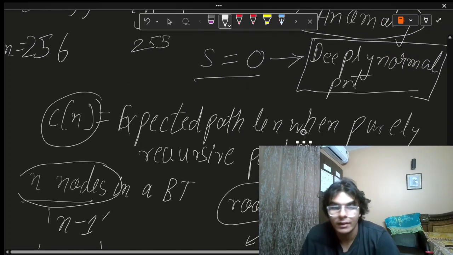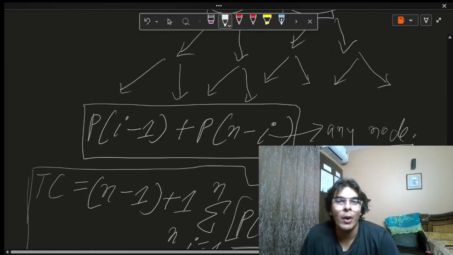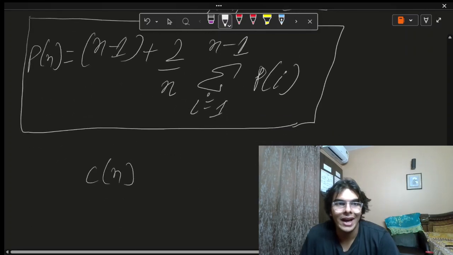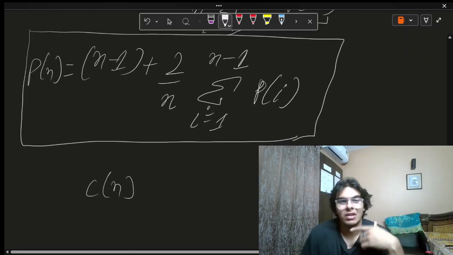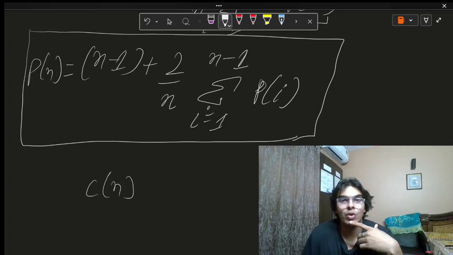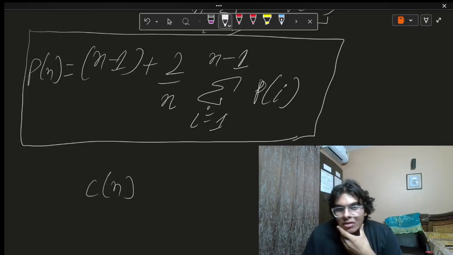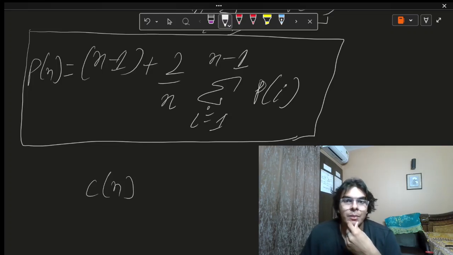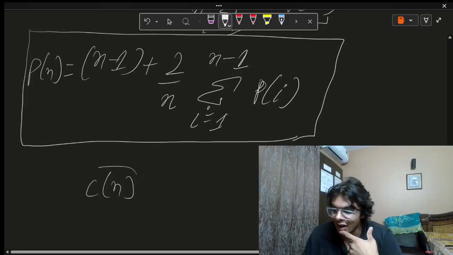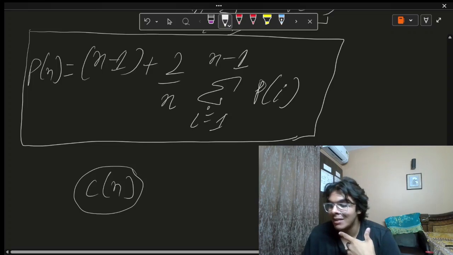But there is no point in doing all of that calculation, so I'll write the results straight away. When we solve all of this, it uses a few results from the harmonic series and a few results from telescoping sums. You can try it out if you want, just for the sake of interest. I have left another article in the description where they solve this end to end. You can look at it if you're curious, but it is no use. The main thing is understanding what this Cn basically means.